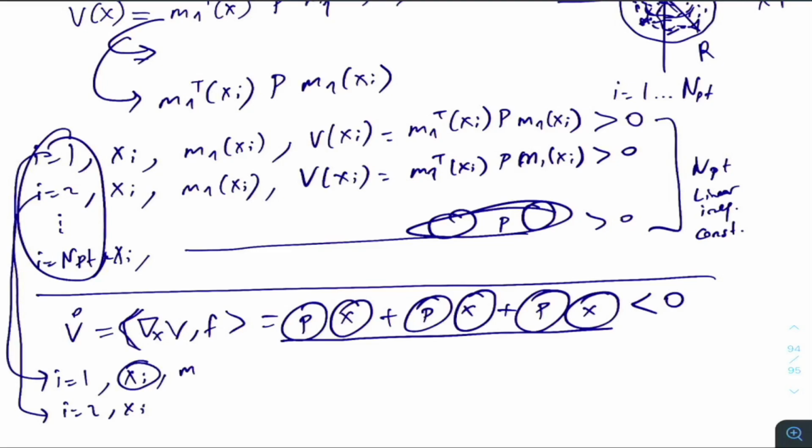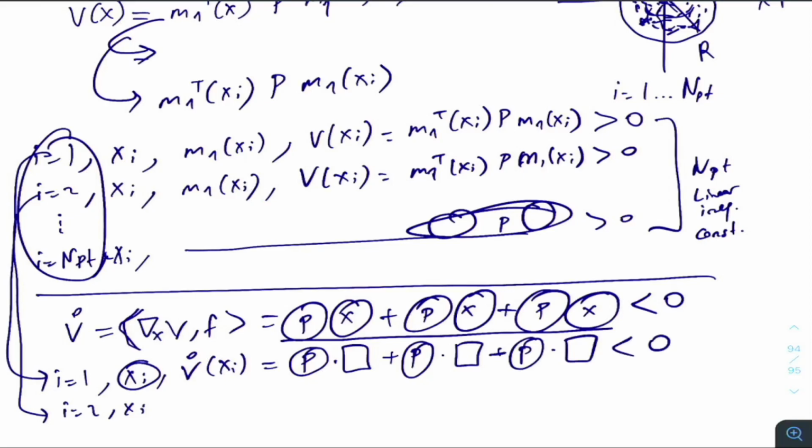For that, not m1 of xi, you are just going to calculate v dot of xi directly. Again, you will have some p term times some constant, plus some p term times some constant, plus some p term times some constant, less than 0. Again, v dot of xi for a different sample.